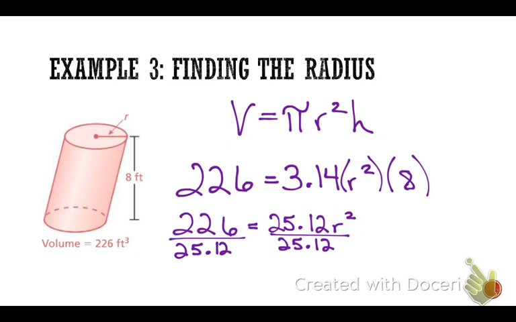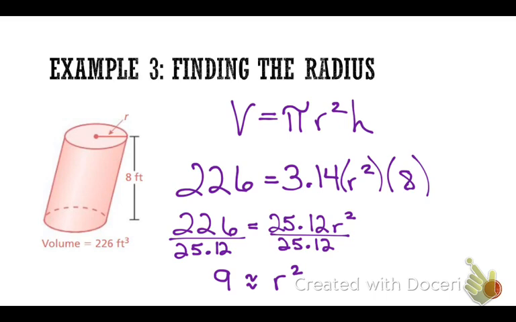And what is 226 divided by 25.12? Yes, you are going to round. Well, let's keep it on that side. 9 is approximately r squared. It's like 8.99 something, so close to 9.